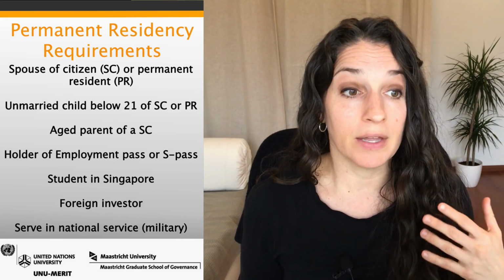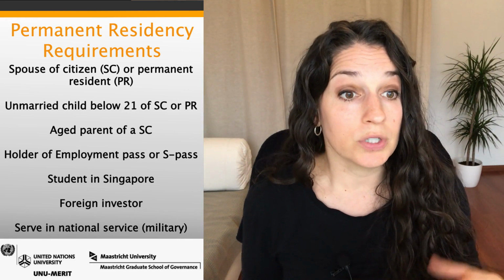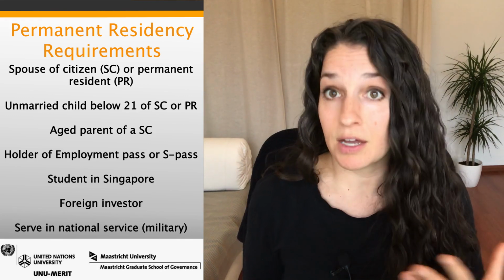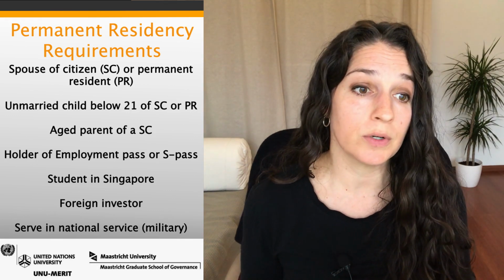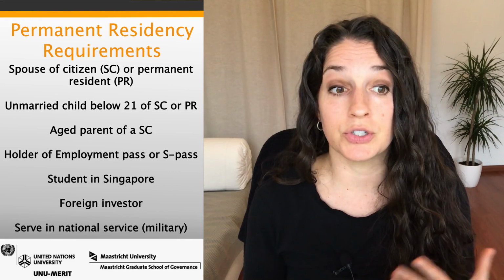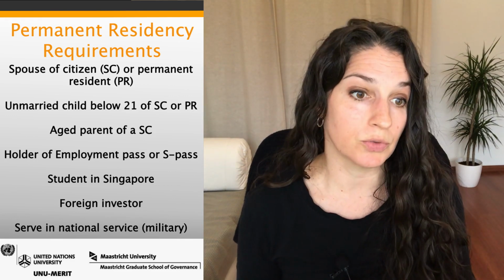You could also be the aged parent of the spouse of a citizen. There are also holders of employment passes or S passes who have the right to permanent residency, and students studying in Singapore, people on foreign investor visas in Singapore. And there's no minimum required length of stay for many of these groups.